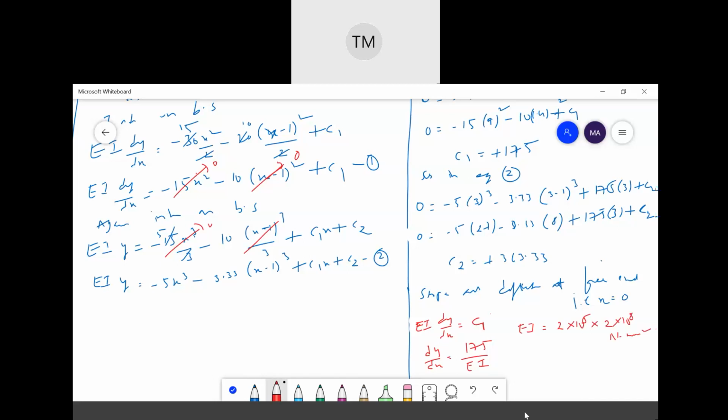Convert into meters. Here you have mm square, then you have to convert into meter square.